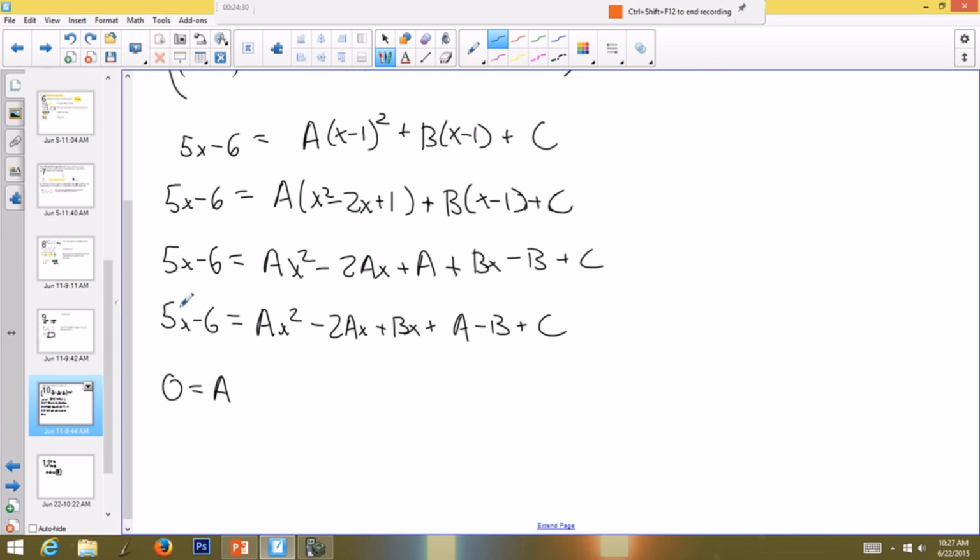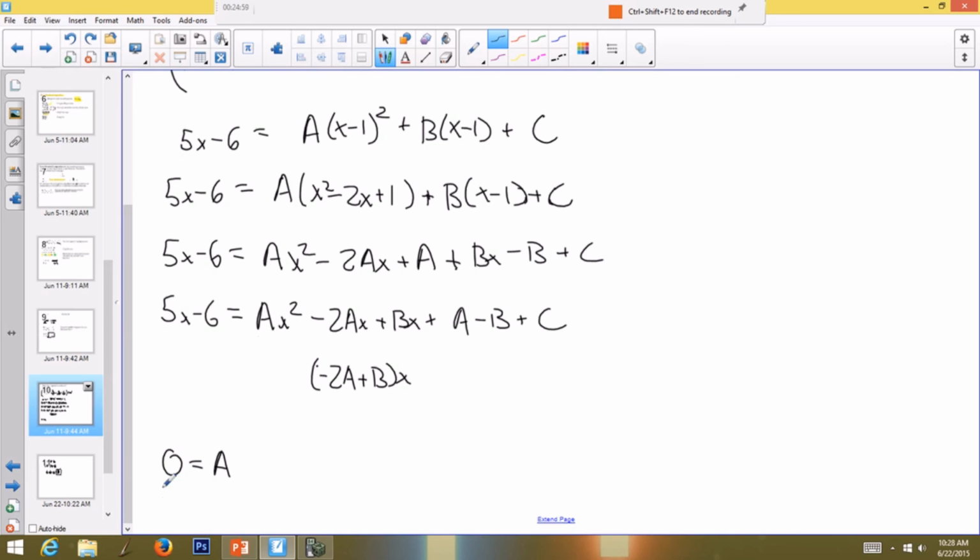My next quantity, I've got my 5, and what I suppose I could do is move this down and talk about my b. If I factor out my x from these two expressions here, I would have negative 2a plus b times x. Now this expression has to equal 5.